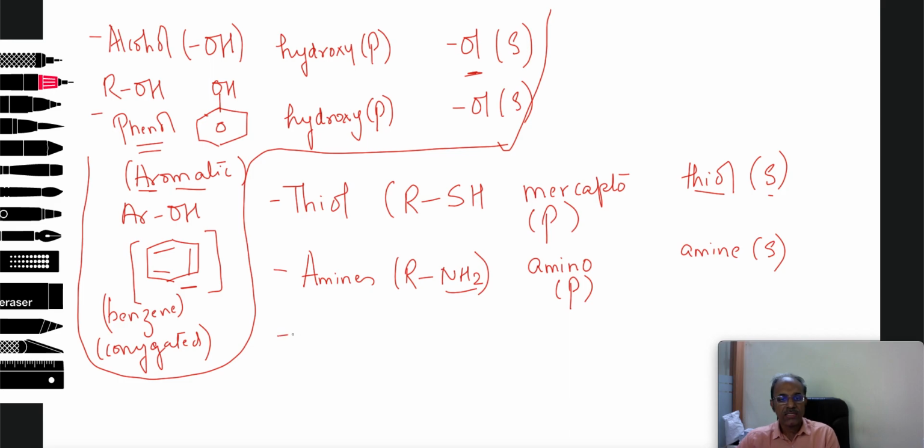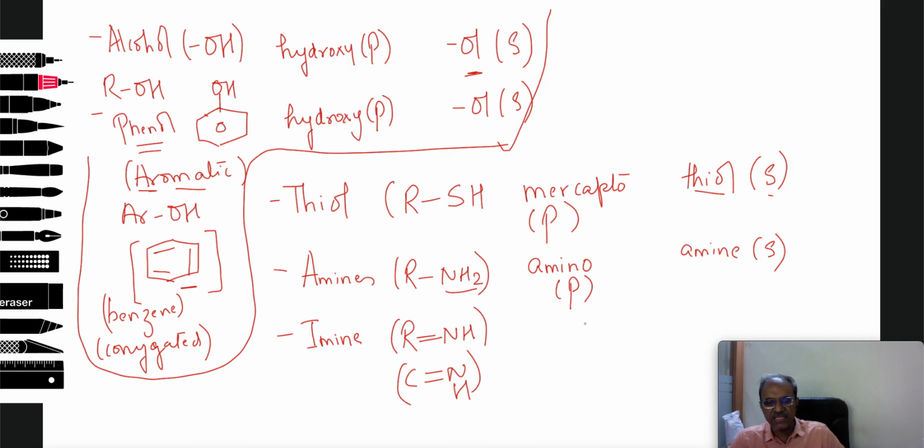Now another one, you can say imine. Imine is nothing else but when R is double bonded to NH. That means C double bond N, to be more precise, C double bond NH, is known as imine.